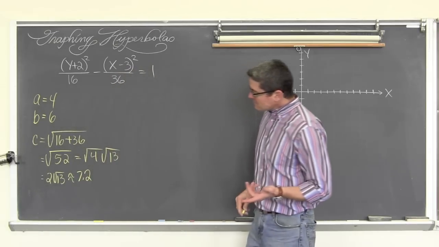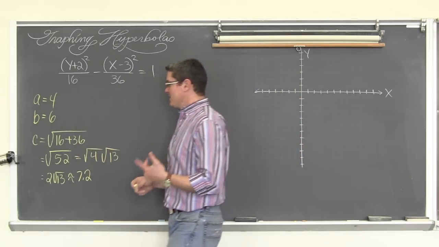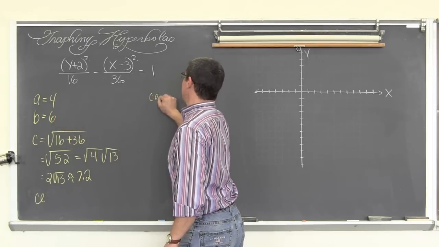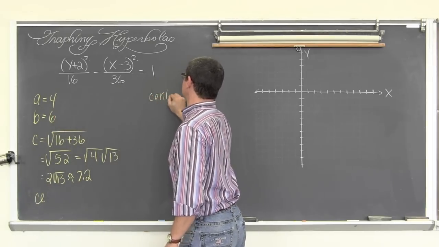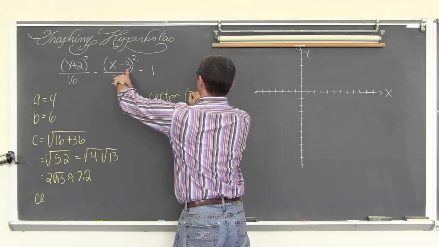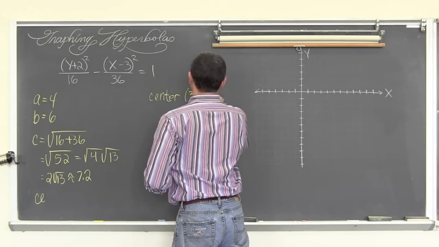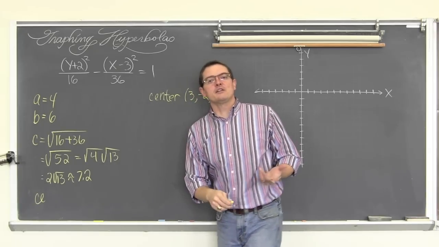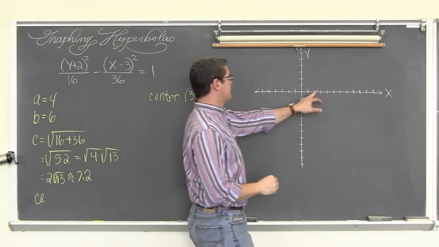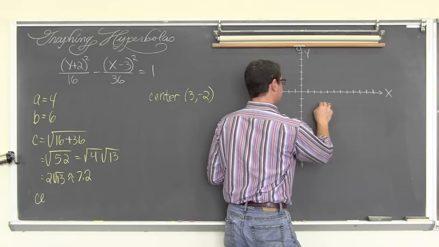Okay, so I have A, B, C, and the center, actually let's put that over here. The center is 3, negative 2. All right, let's get this drawn and finish this video up. So, we have a center at 3, negative 2.